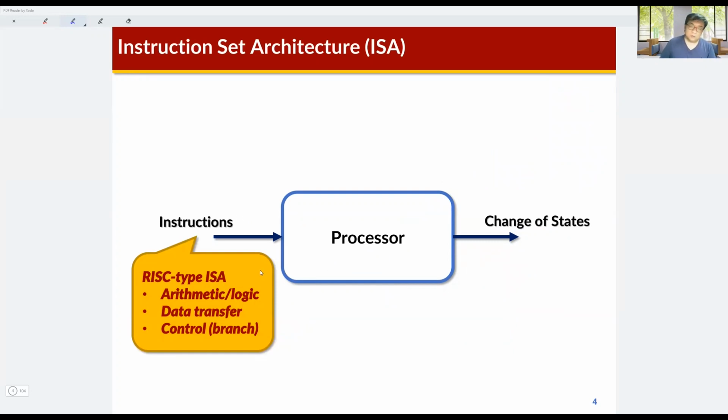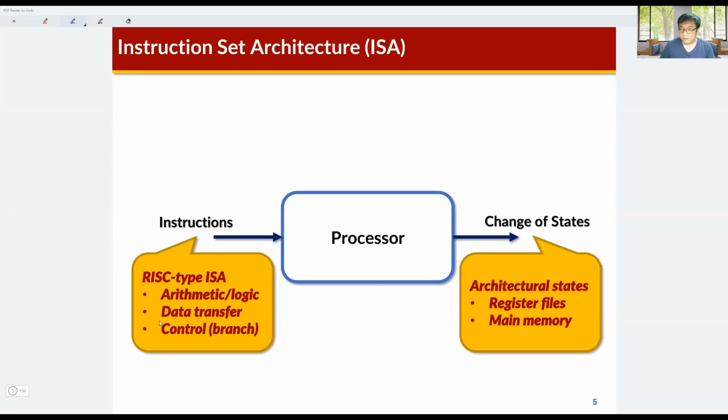In this textbook, we will learn about the RISC type ISA, the instruction set architecture. There are different types of instructions, like arithmetic logic instructions, data transfer instructions, and control instructions. We will learn about these later. If an instruction is given, then the architectural state, as I said, the data stored in the memory devices, is changed.